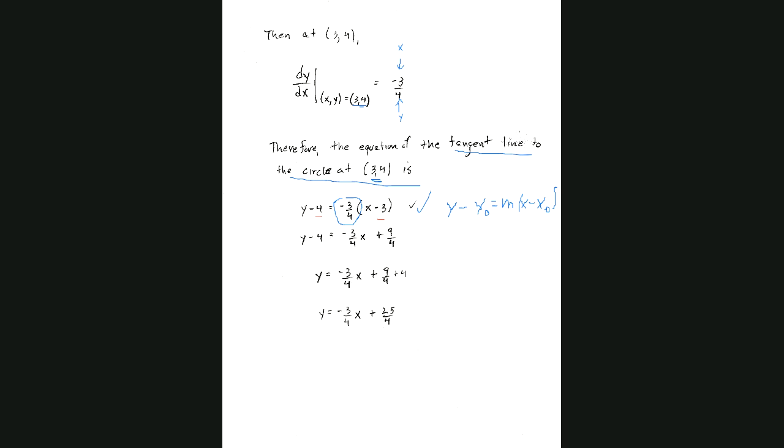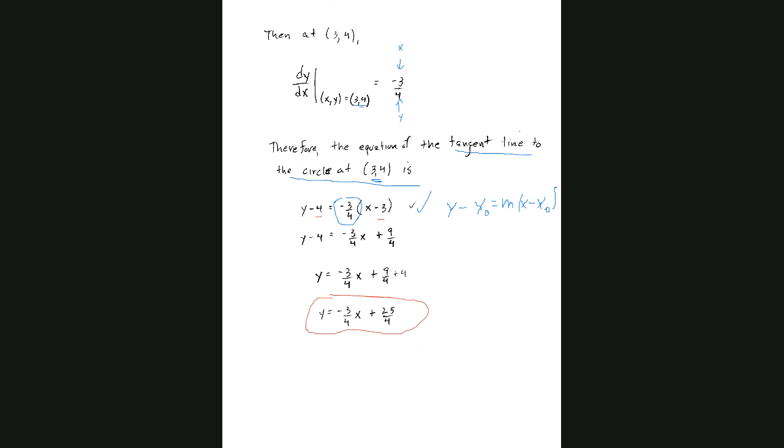So if you work this out, in the end, you're going to get y equals negative 3/4 x plus 25/4. And indeed, that will work very well. I mean, if you draw the tangent line to the circle, you'll see that makes sense.